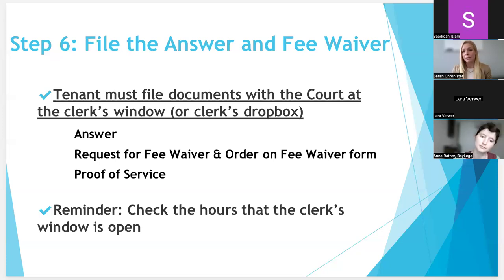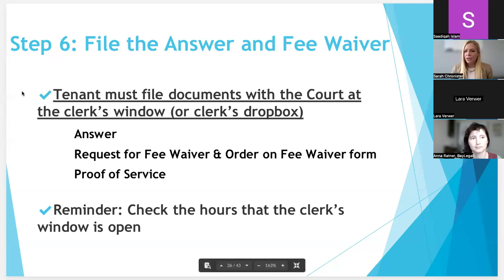And this can be as small as they spelled their name the way it should be spelled, but different than what it says in the complaint. So best, if possible, to go to the clerk's window and file that in person. Get a copy from the clerk. They're not going to just automatically offer you a copy, ask for a copy, especially just to keep for your records, but also if you didn't make one yourself, so that you can serve your landlord with that copy.